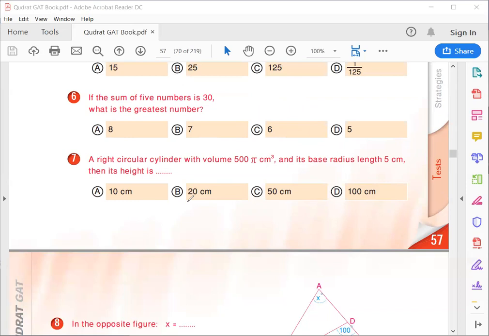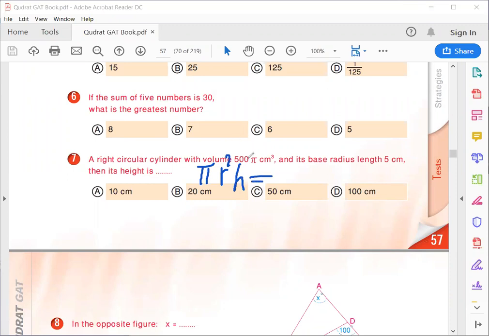I have the volume of the cylinder. Do you remember the rule for the volume of a cylinder? It is π R squared H.